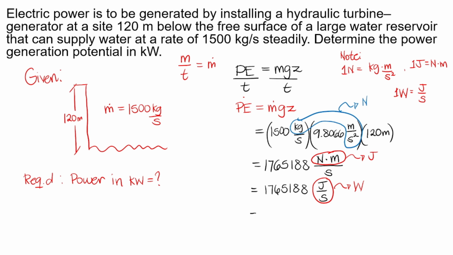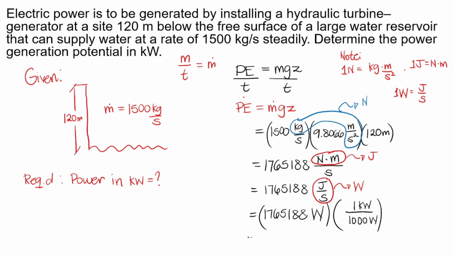So, we will have 1765188 watts. But we need to convert it to kilowatts because that's what the problem is asking for. So, you simply divide that by 1000 kasi 1 kilowatt is equal to 1000 watts.